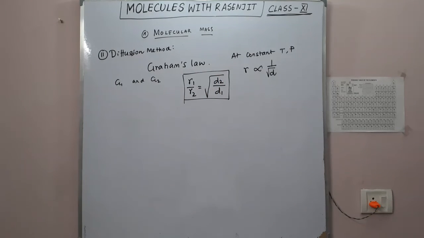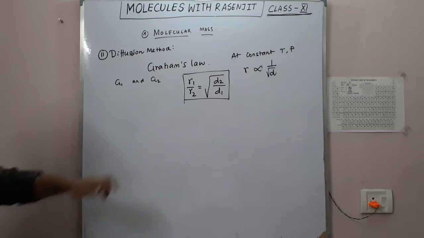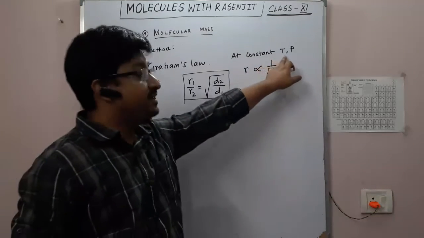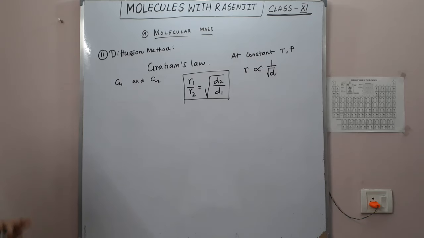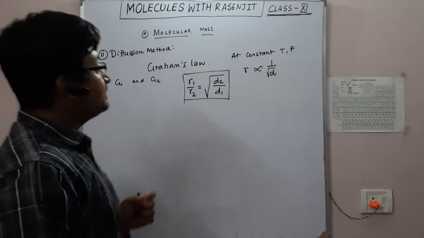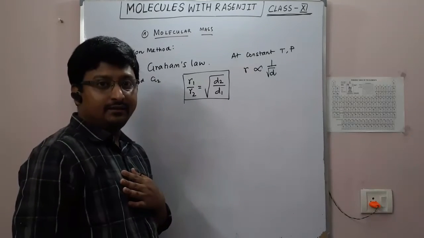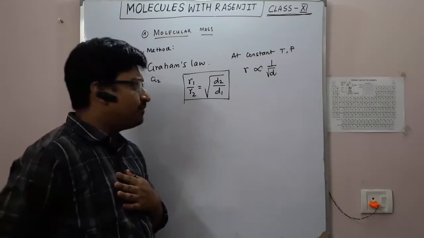Now, this law is applicable at constant temperature and pressure. What is the relation between density and molecular mass? Density is proportional to the molar mass.